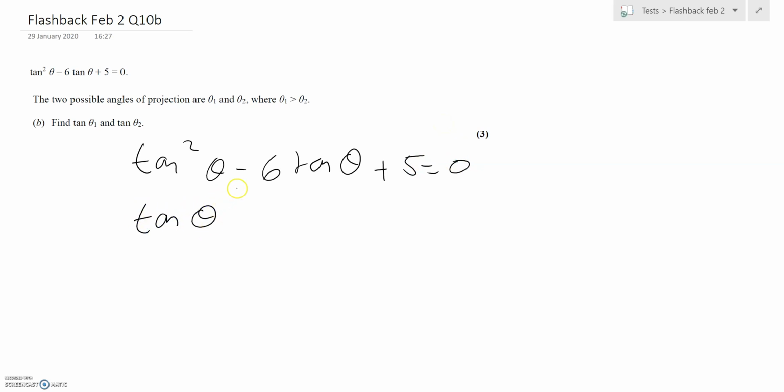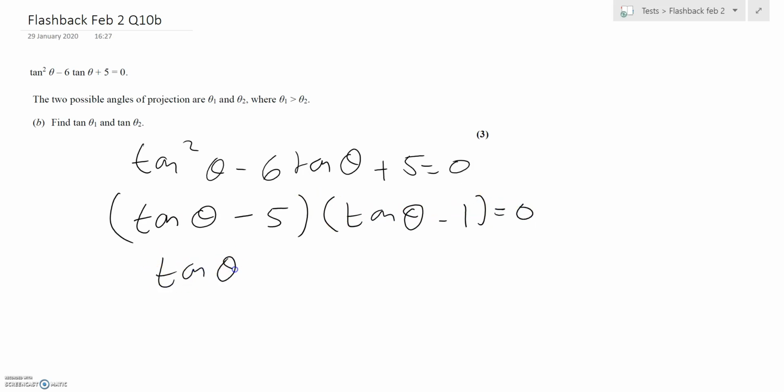You can use a substitution y is equal to tan theta to help you factorize this, or you can factorize it just like that, and we get tan theta is equal to 5, or tan theta equals 1.